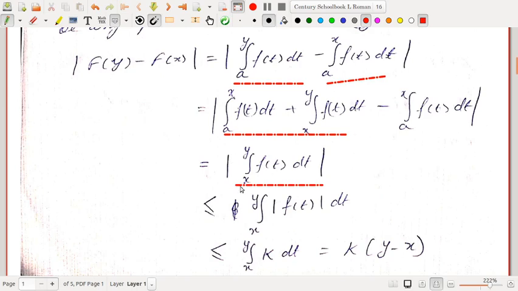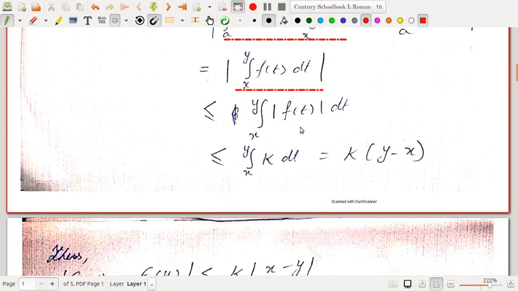So this is less than or equal to the integral from x to y of |f(t)| dt, and since |f(t)| ≤ k, and we had also done that if f is less than g then the integral of f is less than the integral of g, this is less than or equal to the integral of k. But k is a constant, it will come out, so k times (y minus x).